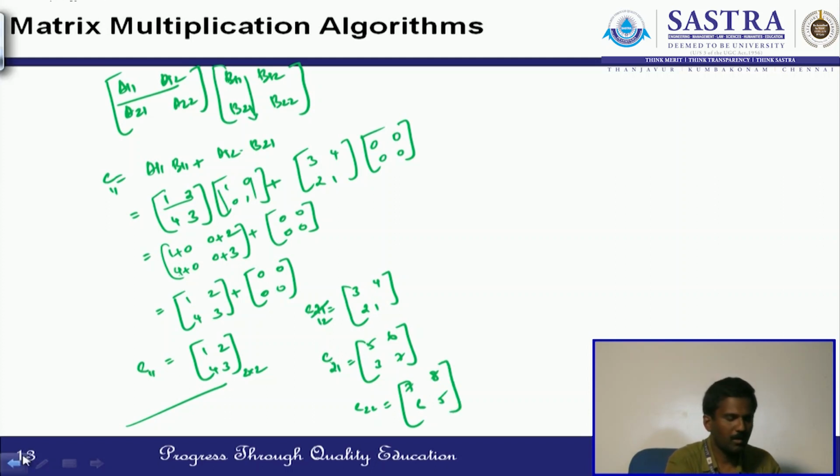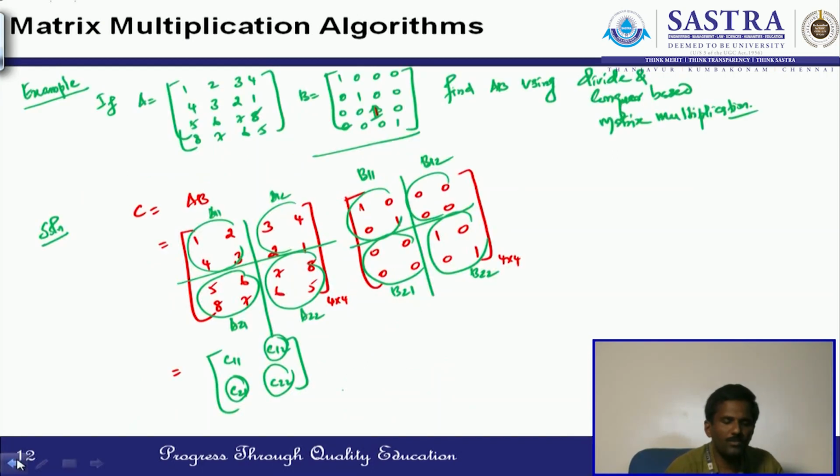We can apply the same conventional matrix multiplication similar to C11. We can find C12, C21, C22 and find the product of two 2 by 2 matrices applying conventional matrix multiplication and finding the addition. We will get this result.